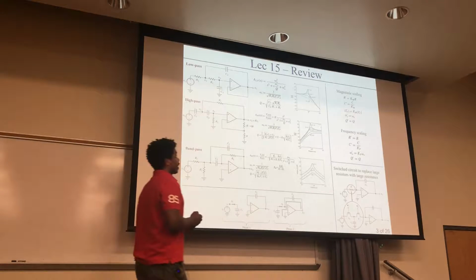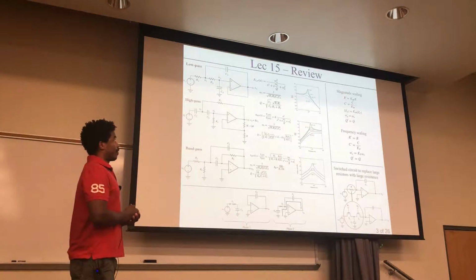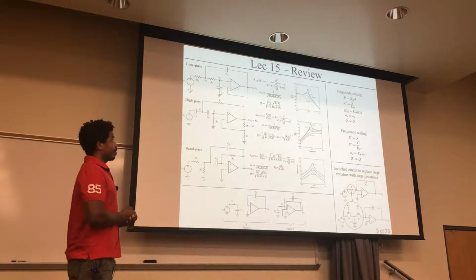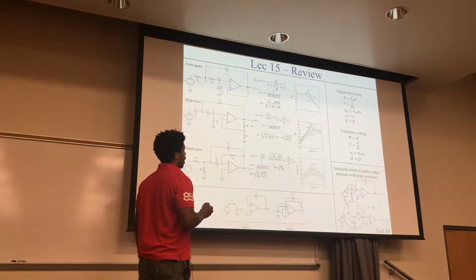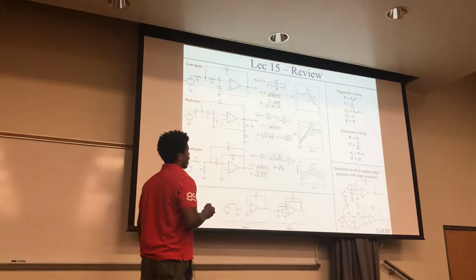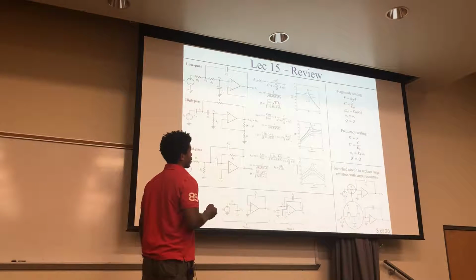For magnitude scaling, we found that if you just want to scale the magnitude and leave the cutoff frequency and quality factor alone, then you multiply each resistor by a factor km and divide each capacitor by a factor km. If you do that, only the magnitude will increase by a factor km, but the cutoff frequency and the quality factor remain the same.